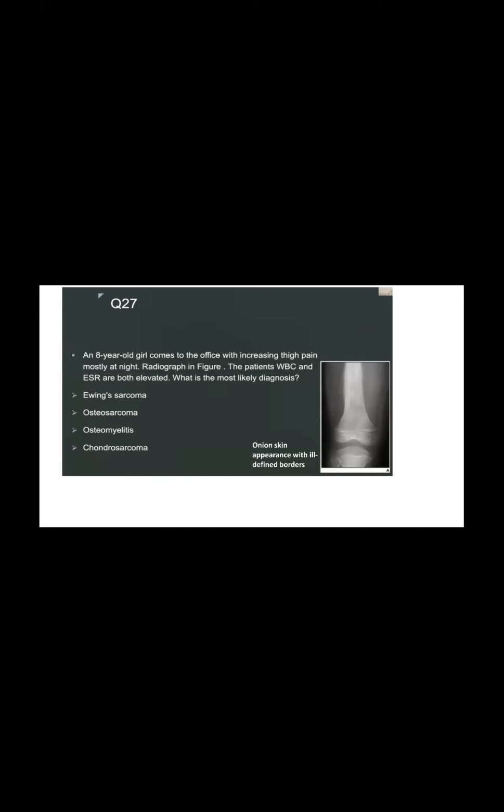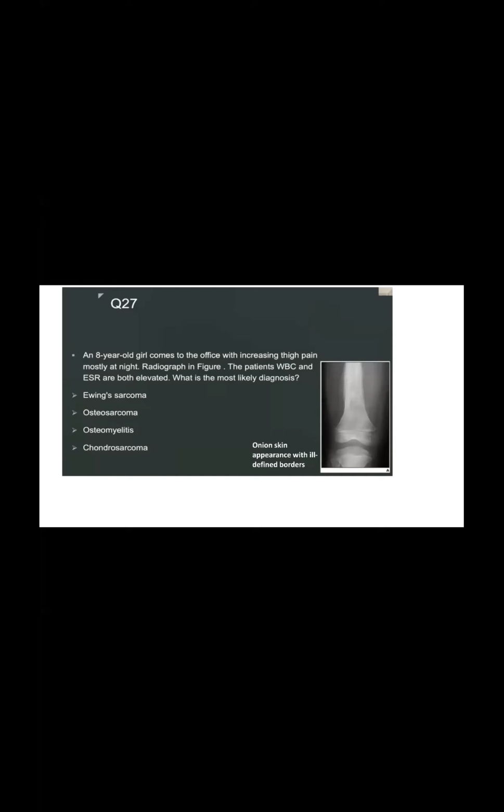The options are osteosarcoma, osteomyelitis, chondrosarcoma, and Ewing sarcoma.